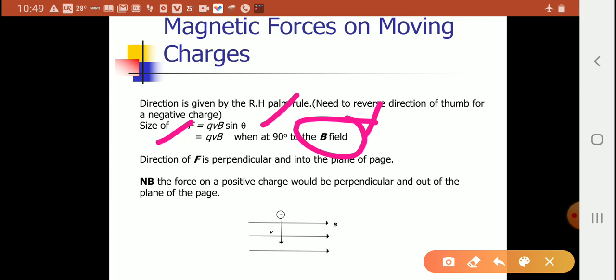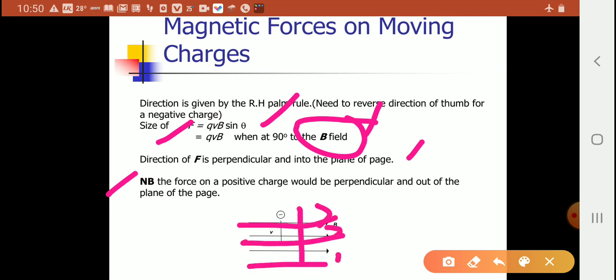The direction of F is perpendicular and into the plane of the page. So the force on positive charges would be perpendicular and out of the plane of the page. So this is the magnetic force, B, and this is the V, right?